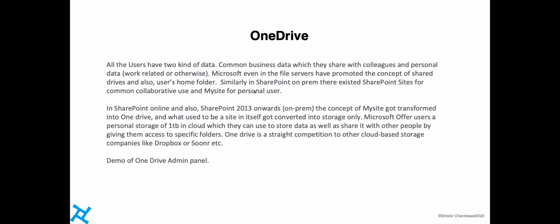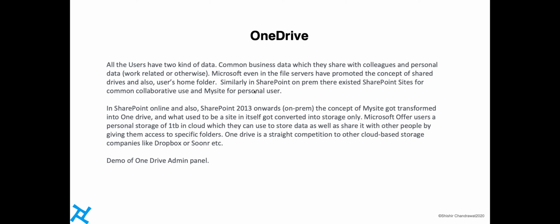OneDrive. All the users have two kinds of data: common business data, which they share with colleagues, and personal data, work related or otherwise. So, a person who works in an accounting team may have some data on which he actively works with other colleagues, and he puts all that data in the common file share so that everybody can access it.